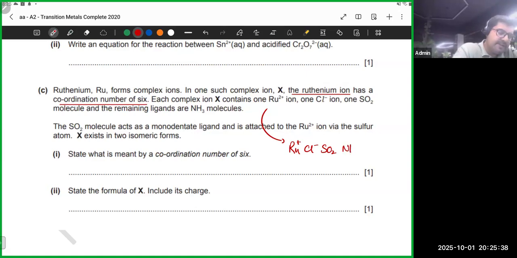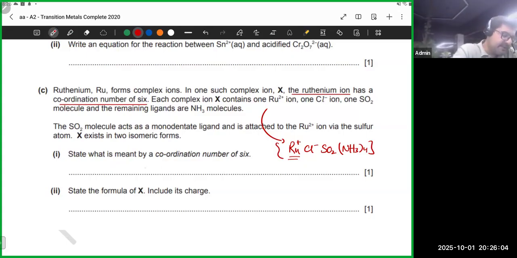So I'm going to have 4 NH3s, because the total coordination number is 6. So one Ru+ is going to have one Cl-, one SO2, and 4 NH3s. What is going to be the total charge on this complex? It's going to be +1 and -1. SO2 is neutral, NH3 is also neutral, so it's not going to have any charge.